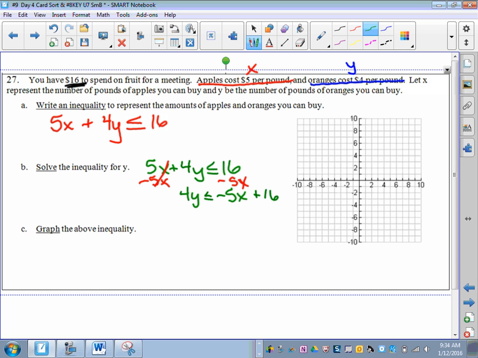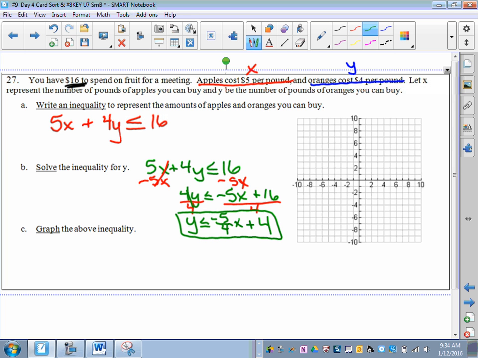What do I do next to get y by itself? Divide by 4. So I have y is less than or equal to negative 5/4 x plus 4. There's my inequality.